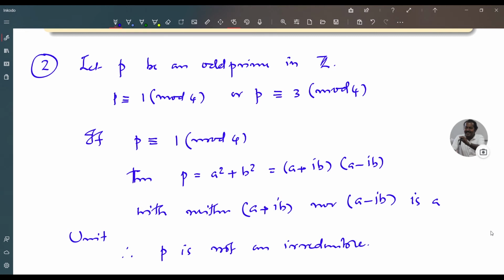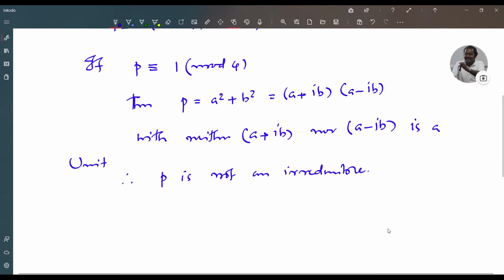Now we prove the converse part of this. That is, if p is not an irreducible, then p is congruent to 1 mod 4. Conversely, we assume that p is not an irreducible, then we are going to show that p is congruent to 1 mod 4. Suppose p is not an irreducible.